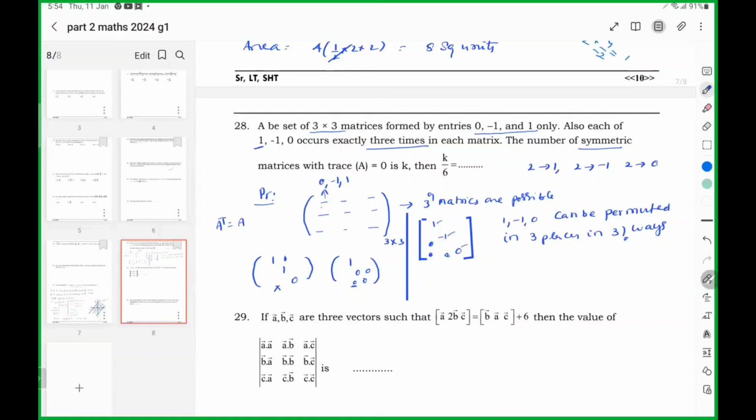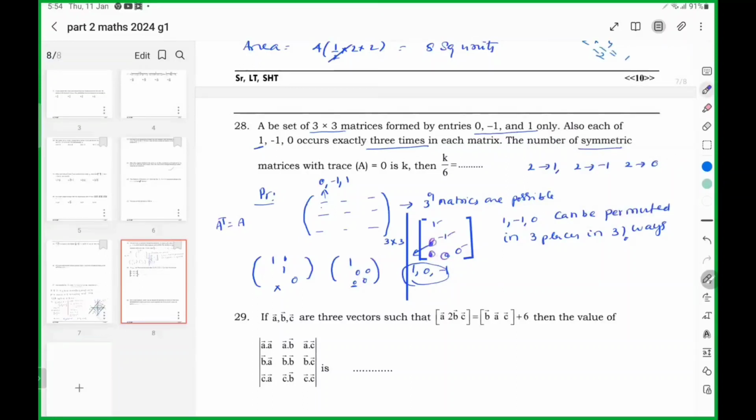And now I have to take one this side, two more ones are there. This side one I have to take, 0 I have to take, one minus one. Obviously, other side same entries will be there.